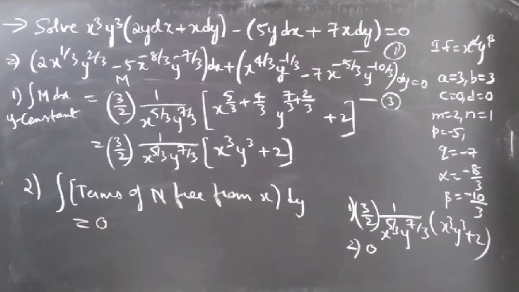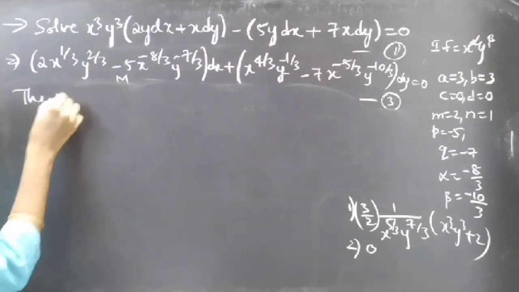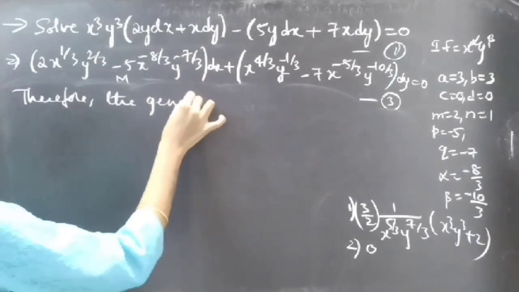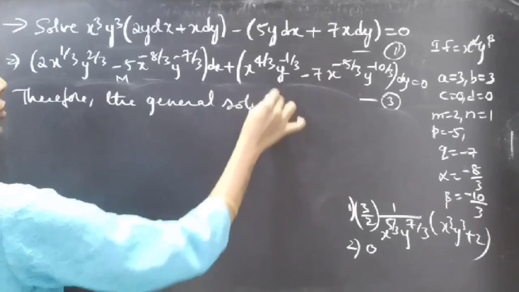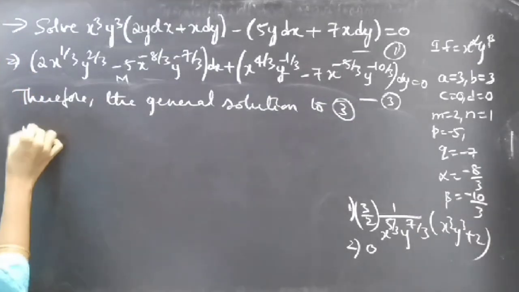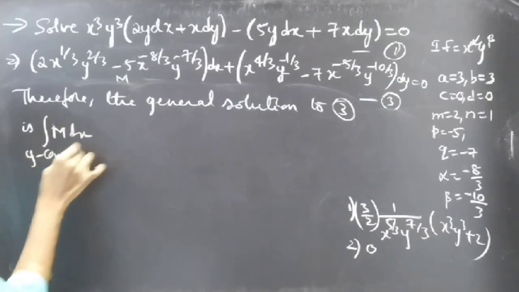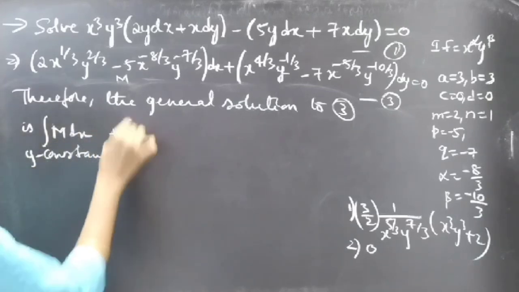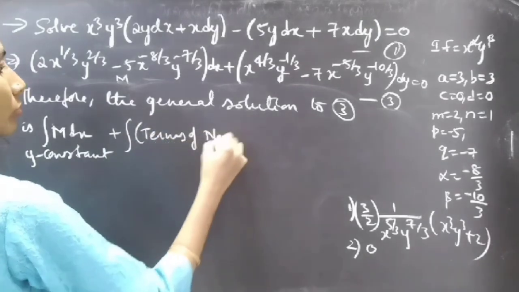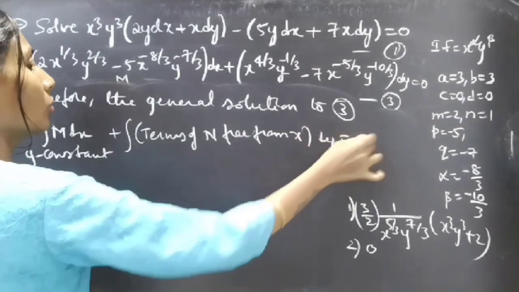Now coming to the general solution. Therefore, the general solution to equation 3 is given by the integral of M dx treating y as constant, plus the integral of terms of N free from x into dy, equal to c.